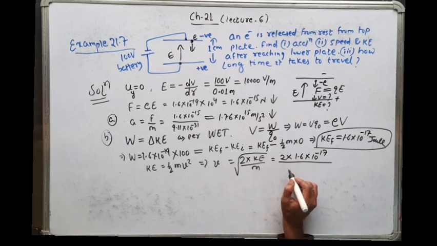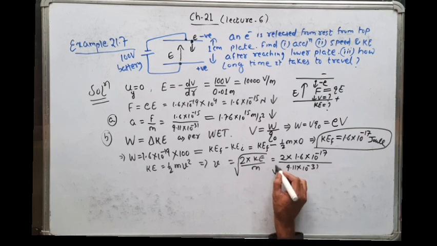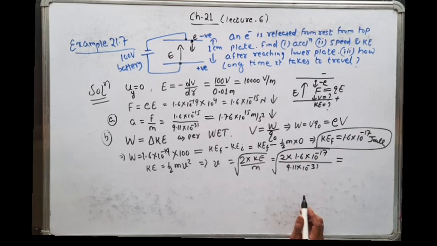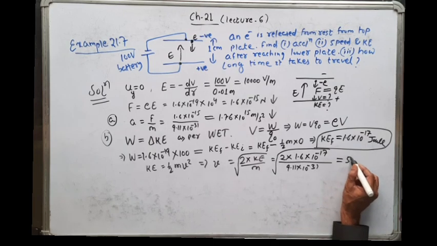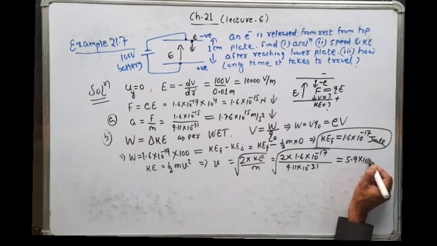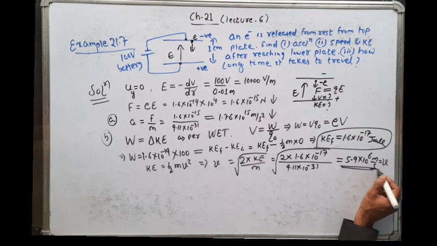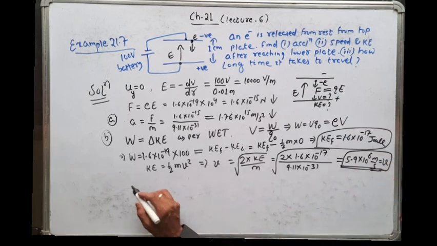Mass of the electron is nothing but 9.11 into 10 to the power minus 31. Just take the square root. If you calculate using a calculator, you will get 5.9 into 10 to the power 6 meter per second. So this is the speed of the electron at which it will strike the ground.